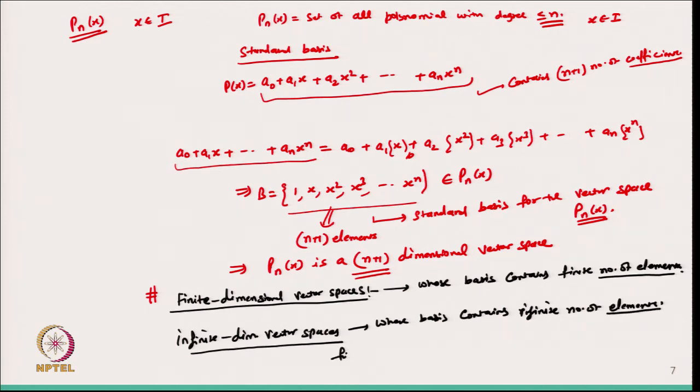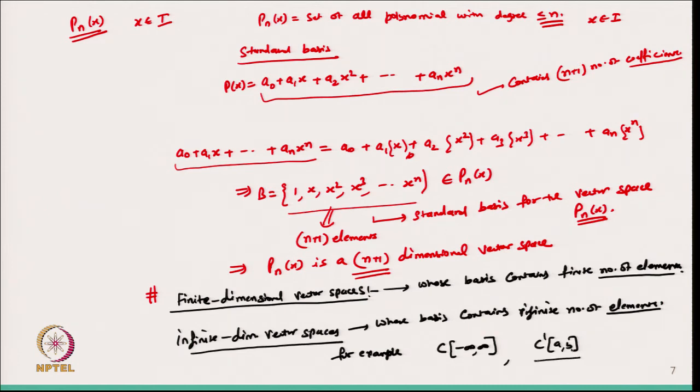For example, if I take the vector space of all the continuous functions defined from minus infinity to infinity, or I take the space C1 defined from a to b, so the set of all continuously differentiable functions whose derivative is also continuous and defined from a to b.